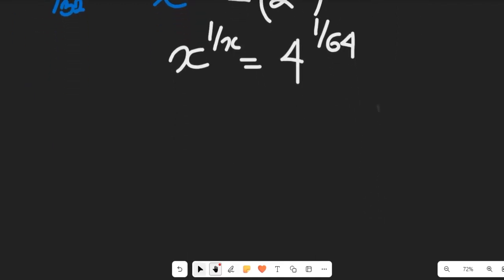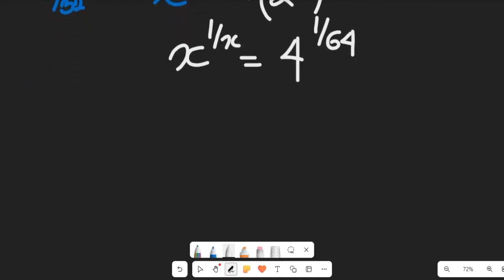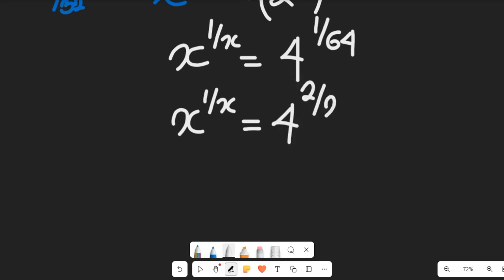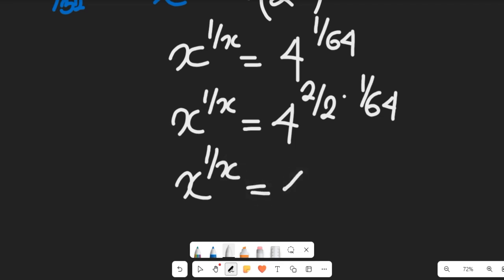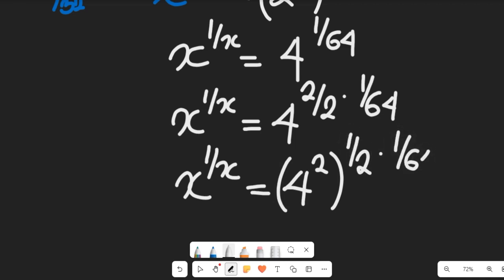Great. Now in the next step, I'm still going to do that same thing. If I have x to the power of 1 divided by x equal to 4 to the power of 2 divided by 2, I've not changed anything, multiplied by 64. What would that give me? That will give me x to the power of 1 divided by x equal to 4 to the power of 2, multiplied by 1 divided by 2 multiplying 1 divided by 64.